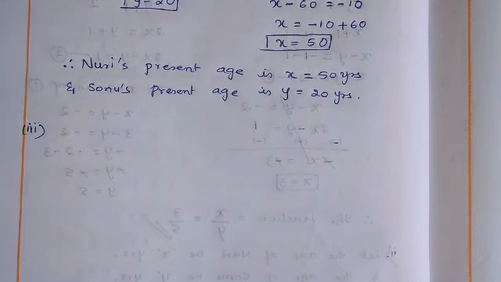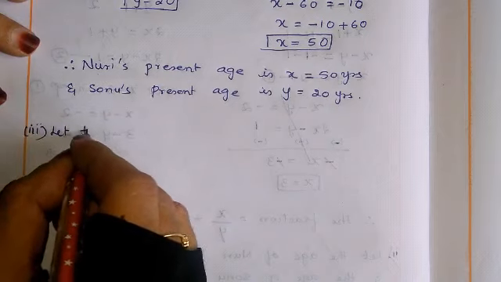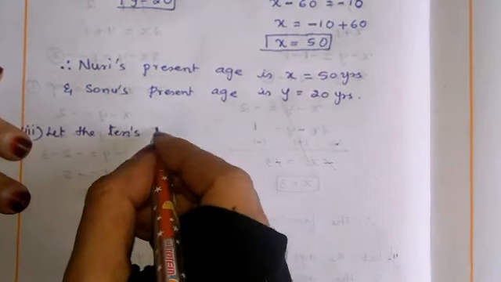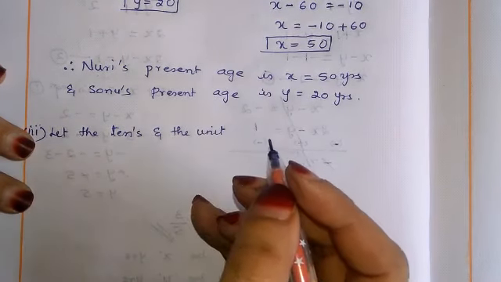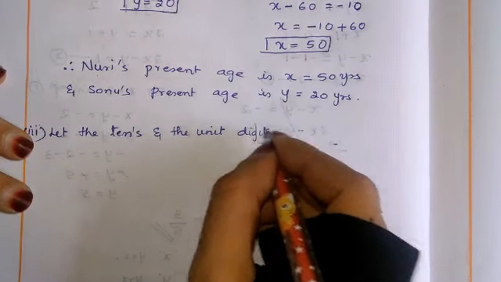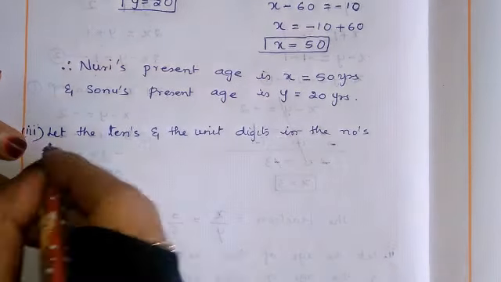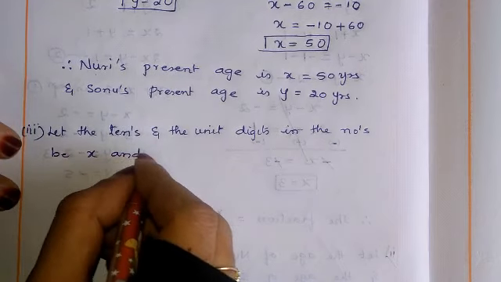Let the tens and the unit digits in the 2-digit number be x and y.